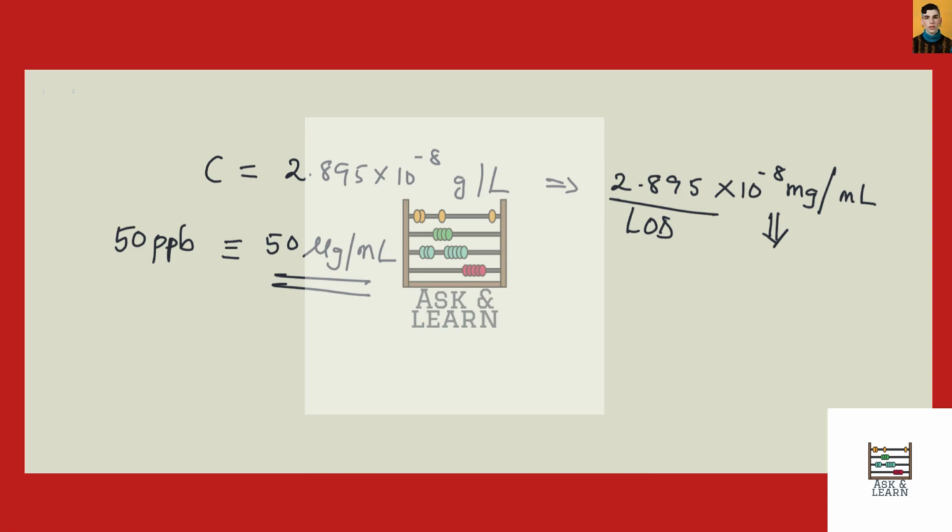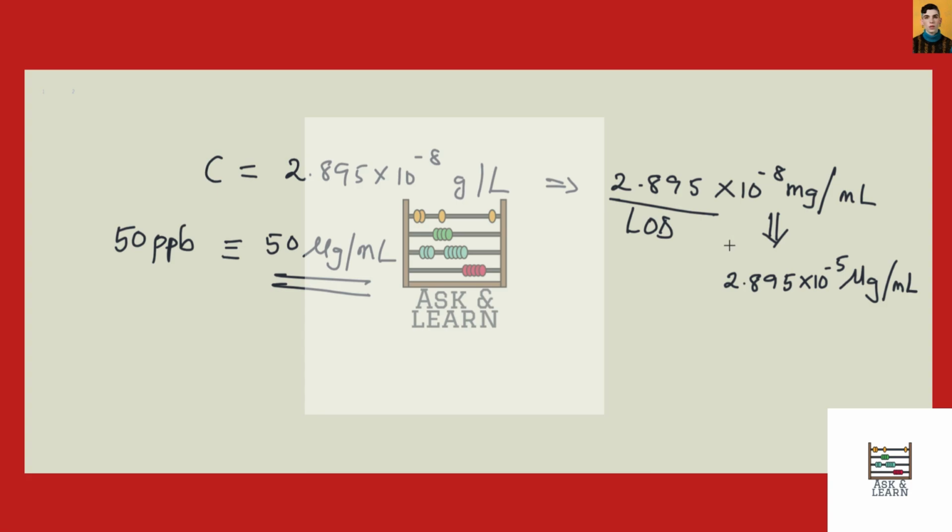So, milligram to microgram. If you have 2.895 times 10 to the minus 8, this will be 2.895 times 10 raised to the power minus 5 microgram per milliliter.